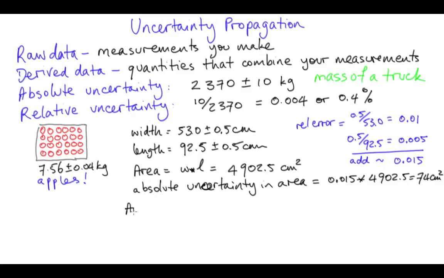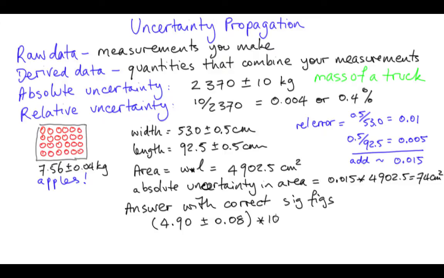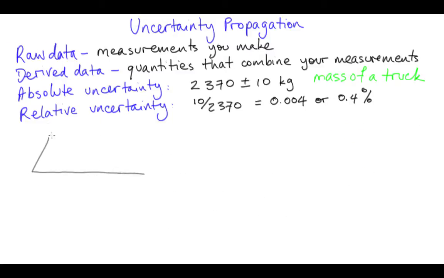Now, turning this all into sensible significant figures again, we should report the area as 4,900 square centimetres plus or minus 80 square centimetres. Now notice here how I've written the quantities in standard form to emphasise the fact that the 0 here is a significant figure. And you should also notice how my starting measurements had 3 significant figures and my final quantity also has 3 significant figures.